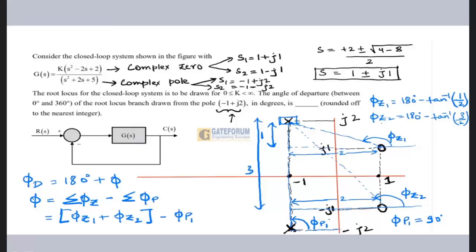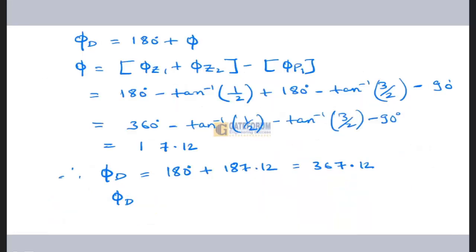See here, they have already mentioned that the angle of departure should be between 0 and 360 degree. So I can write this as phi d equal to 360 degree plus 7.12. Now 360 degree is nothing but 0 degree, okay, because both are the positive real axis only.